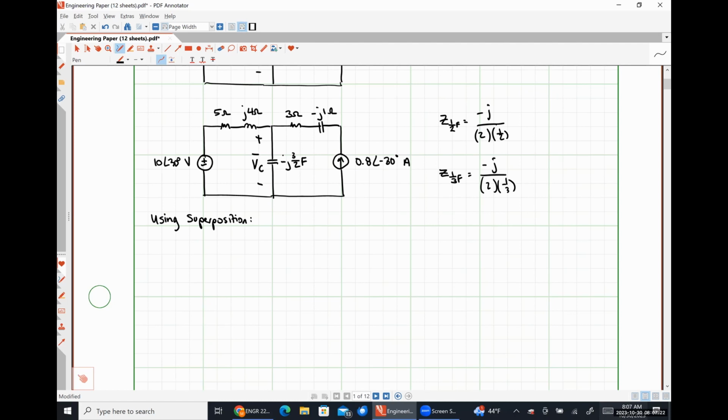Okay. The first time I'm going to want my voltage source on and my current source off. So that's going to look like this. I have 10 angle 30 degrees volts.